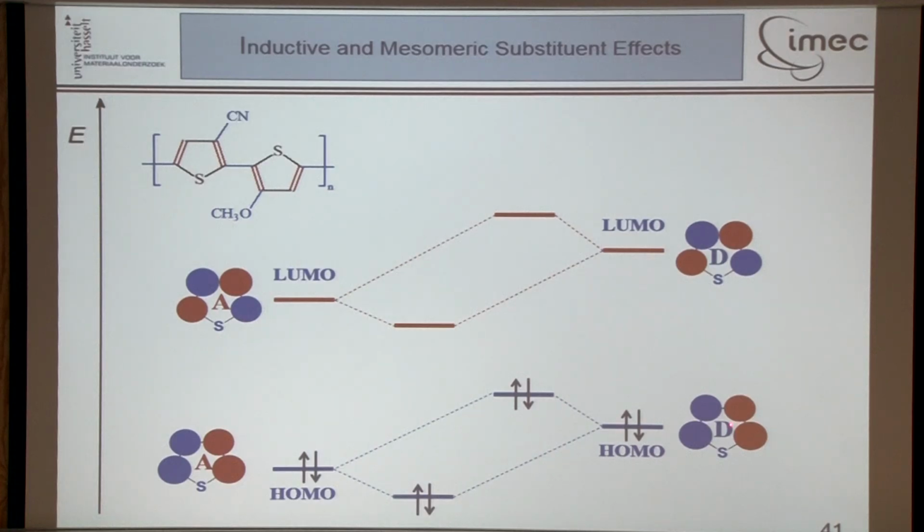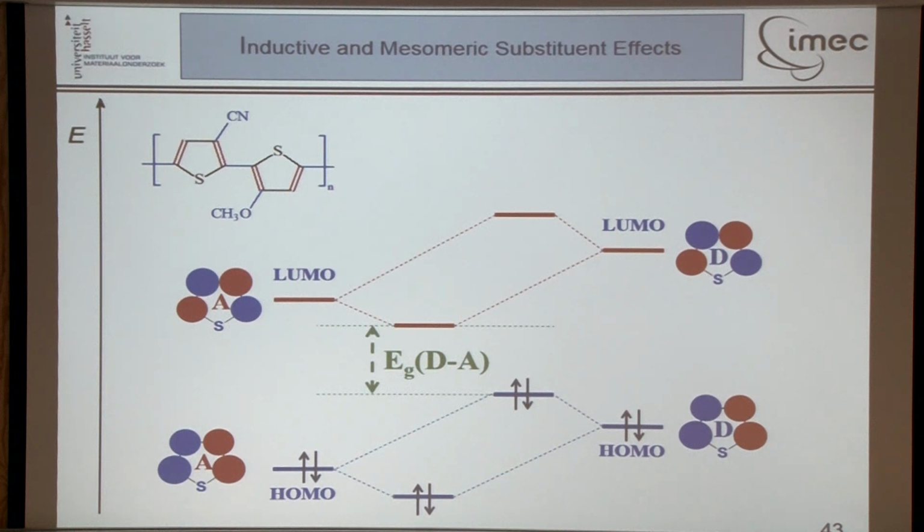What you see is that the new HOMO, beta, is somewhat higher than the HOMO of the donor. And the new LUMO is somewhat lower, beta, than the LUMO of the acceptor. So where you had initially these band gaps, you will end up with a much lower band gap.